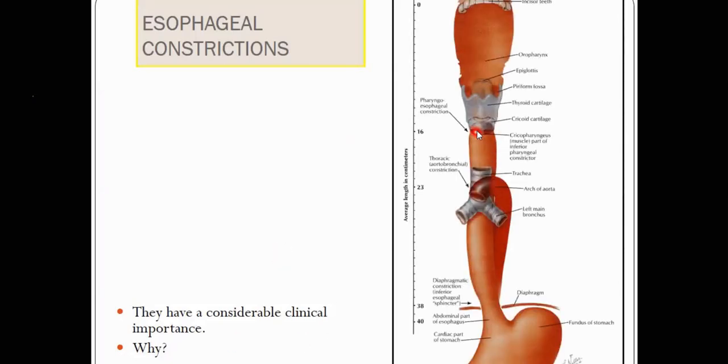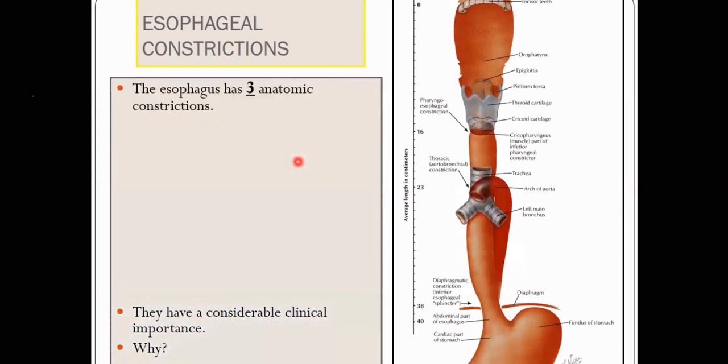Because these narrowings are from the external area, that means from where it starts, at the level of the larynx, then where the trachea and arch of aorta cross in front of it. This is another narrowing in the esophagus. And the third narrowing is when it crosses the diaphragm. So these 3 areas make narrowing of the esophagus.